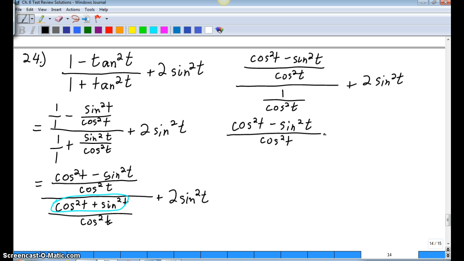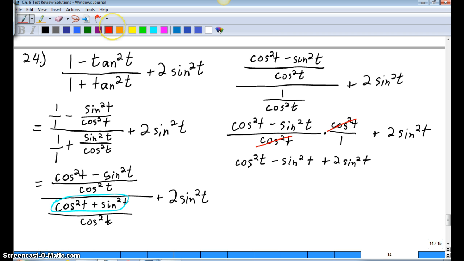Now instead of dividing by 1 over cosine squared, I'm going to multiply by the reciprocal, cosine squared over 1, plus 2 sine squared t. I'll show the cancellation. Cosine squareds cancel. So we're left with cosine squared t minus sine squared t plus 2 sine squared t.